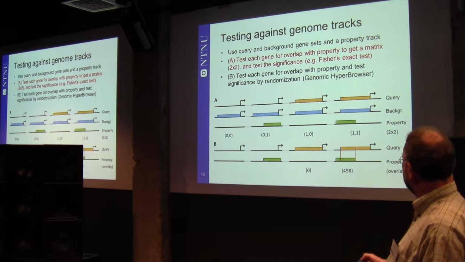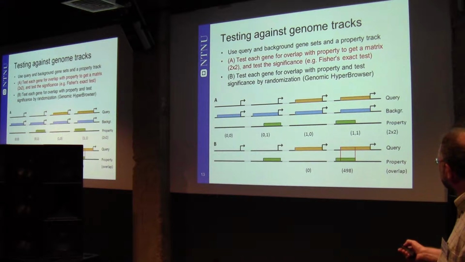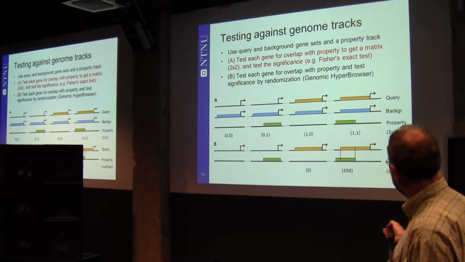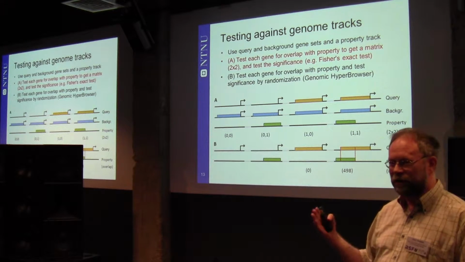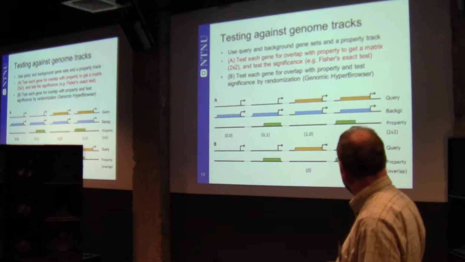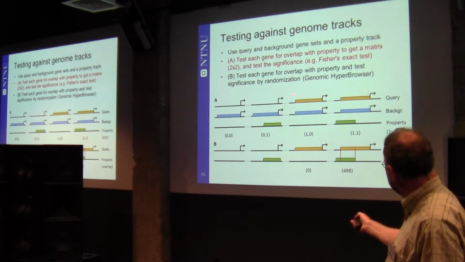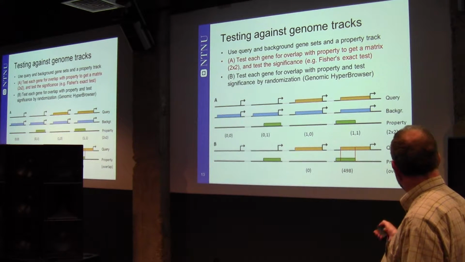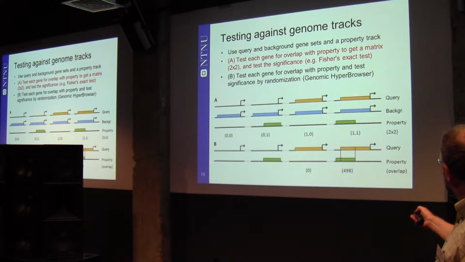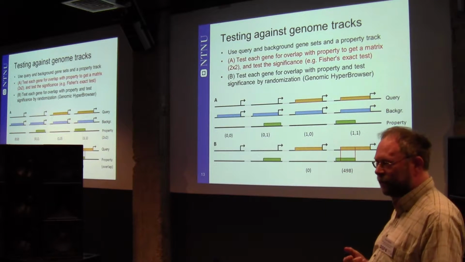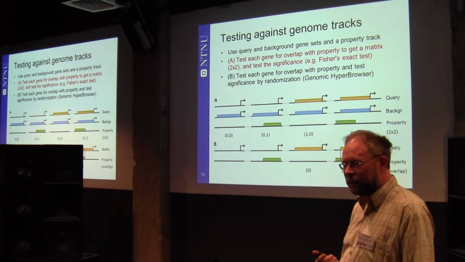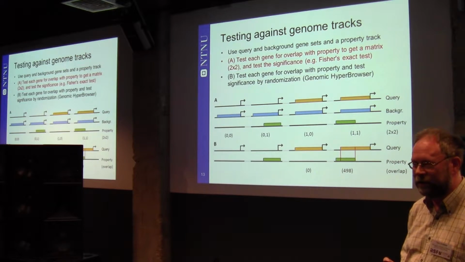And you can generate a 2x2 matrix and test the significance using something similar to the Fisher exact test or a more generalized version of that. So that is what we illustrate here in A. So you have your query set. So that can be a gene set with a specific property. For example, strongly upregulated in a disease.